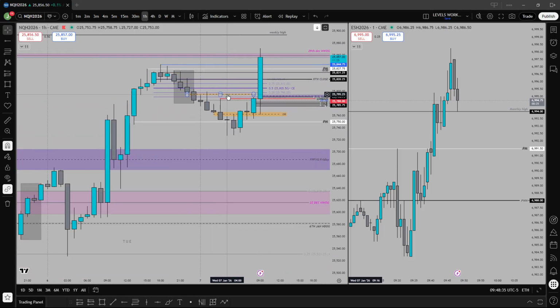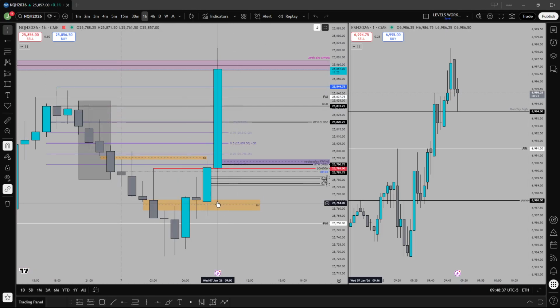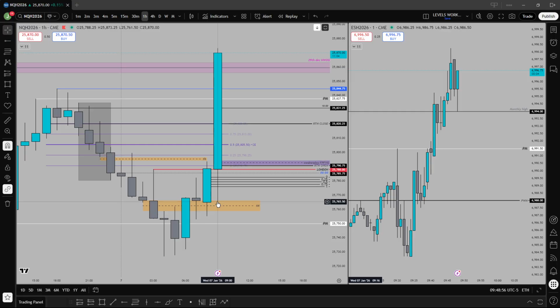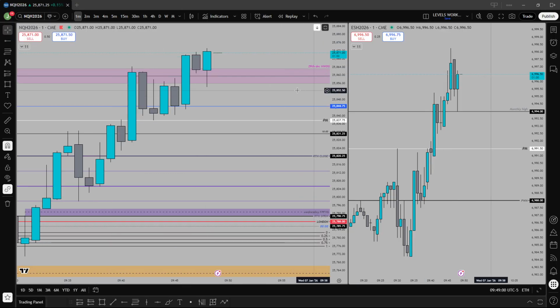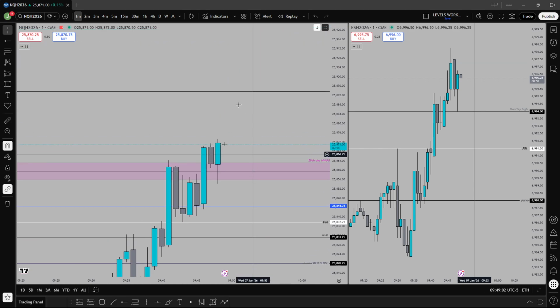So we did actually invert these imbalances on the hourly. It is up here on the weekly high.